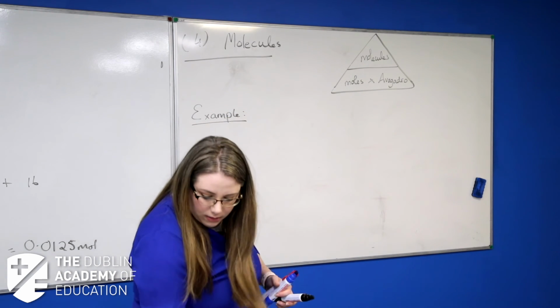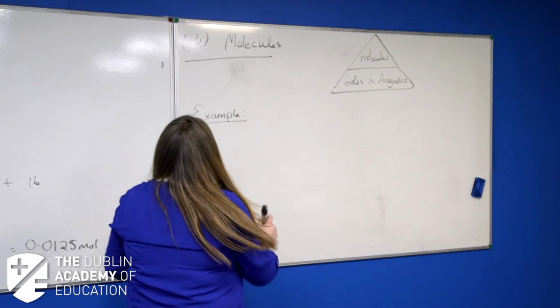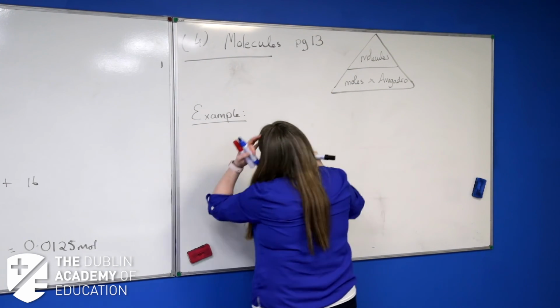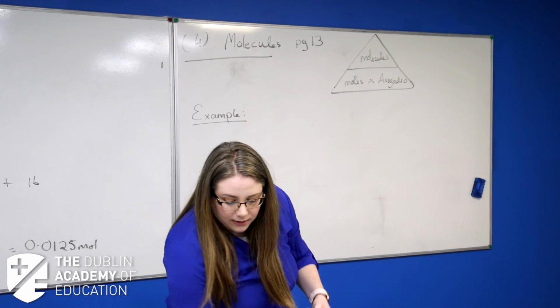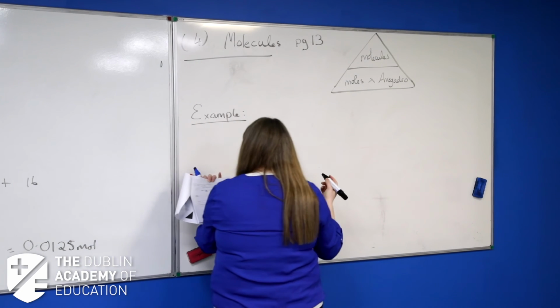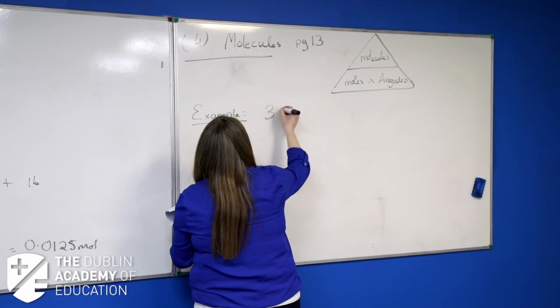Okay, so we're starting on page 13 of your notes. So in the worked example that I've given, how many molecules are in 32 grams of methane?